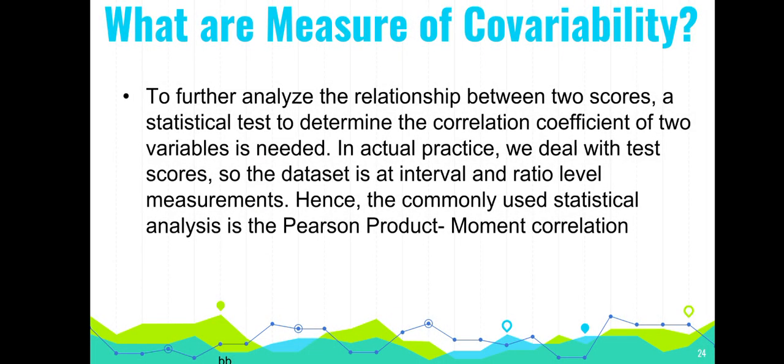For further analysis of the correlation between two scores, a statistical test to determine the correlation coefficient of two variables is needed. In actual practice, we deal with test scores, so the data set is at the interval and ratio level of measurement. Hence, the commonly used statistical analysis is the Pearson product moment correlation.